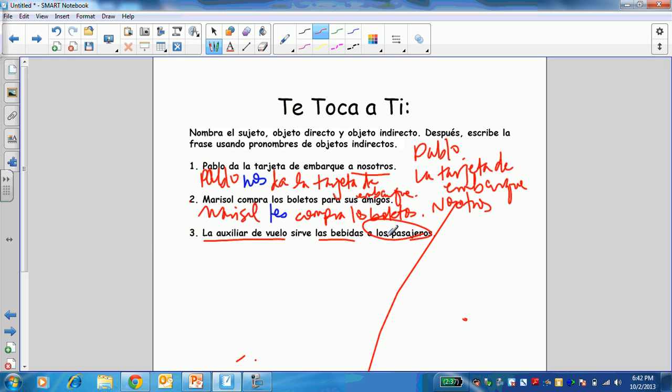It's where the direct object's going. The direct object is the drinks. So we're going to say la auxiliar de vuelo, a los pasajeros is going to be les, les sirve las bebidas.